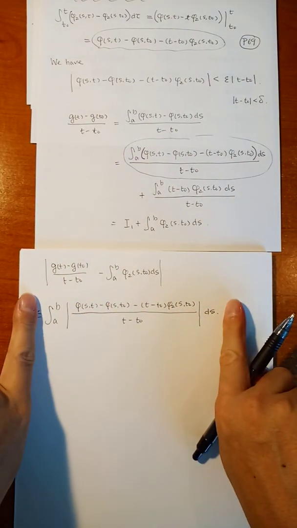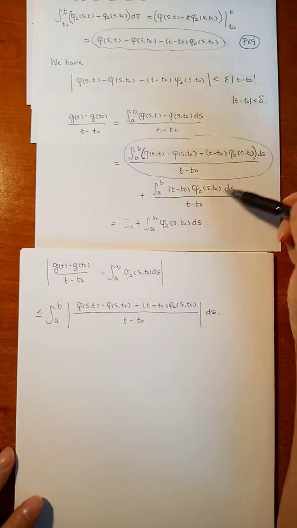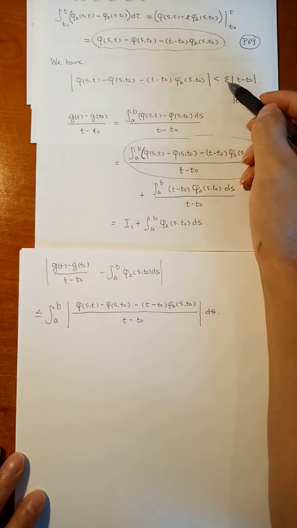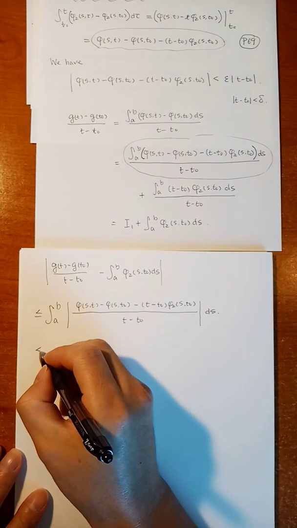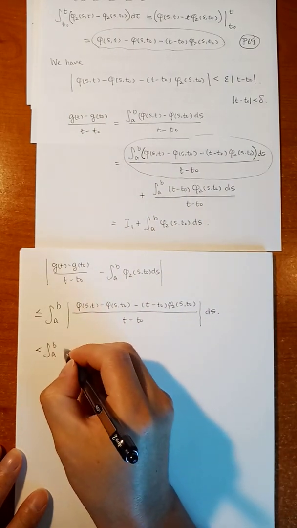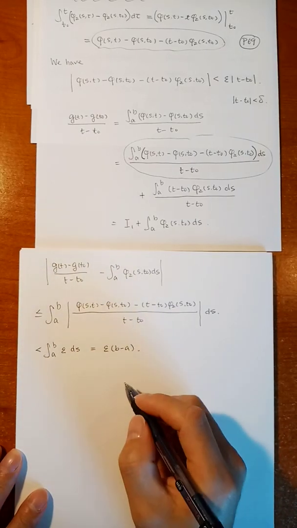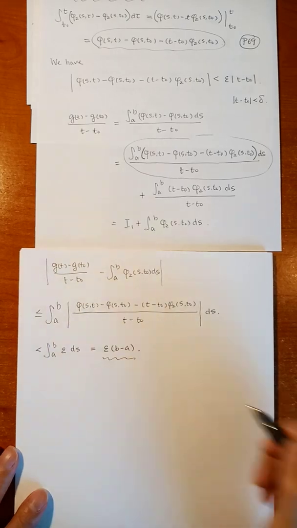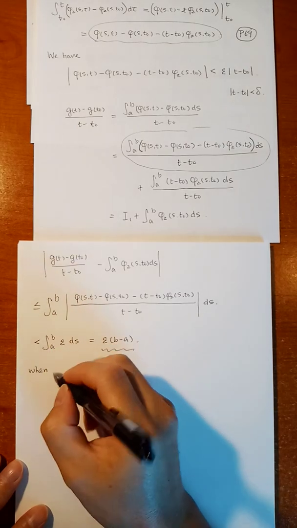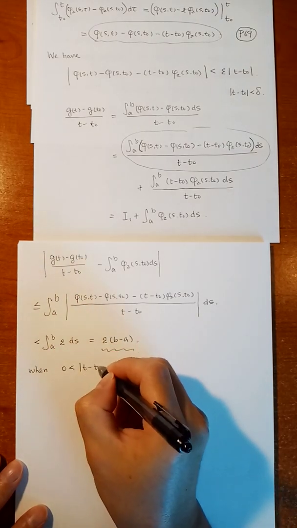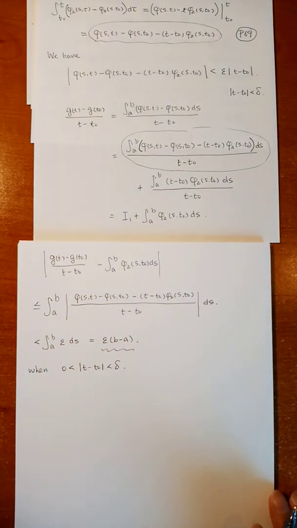If we put it outside, it's equal, but if we put it inside, it's less than or equal to. And then this whole difference is less than epsilon if we choose t sufficiently close to t0. So it's less than the integral of epsilon ds. So it's epsilon times b minus a. So that's how you see this epsilon times b minus a in the textbook when you have the absolute value of t minus t0 less than delta. And again, this delta comes from the uniform continuity. You must mention that in the proof.